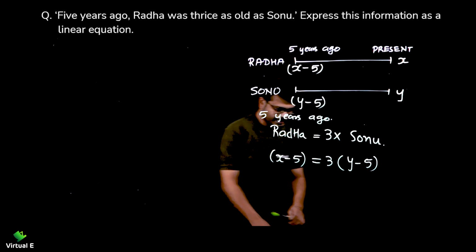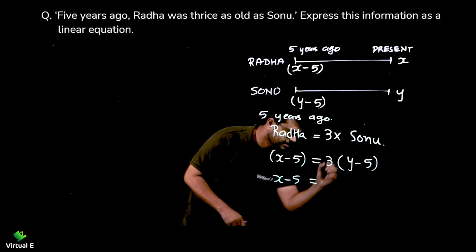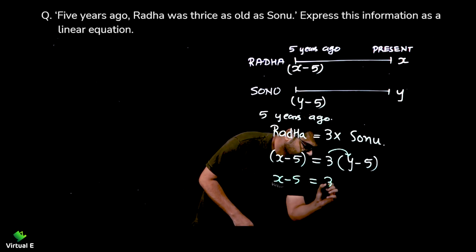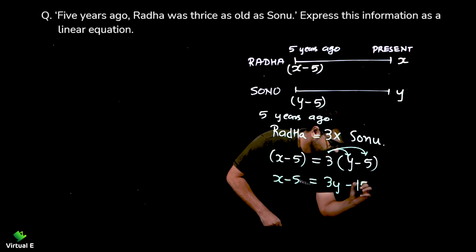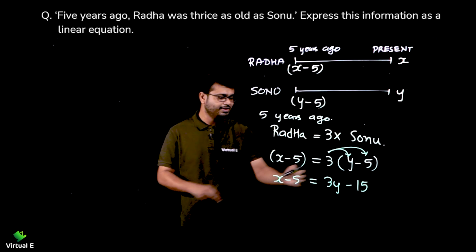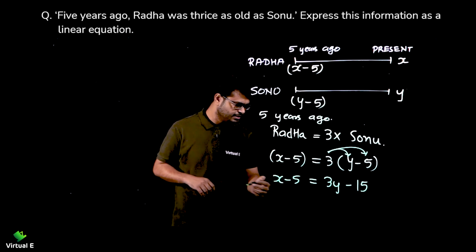Let's simplify further. So X minus 5 as it is, 3 multiplied by Y, 3Y minus 3 multiplied by 5, that is 15. Done. Now let's shift all of them to the LHS, so RHS will be 0.